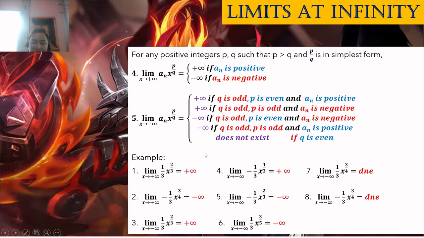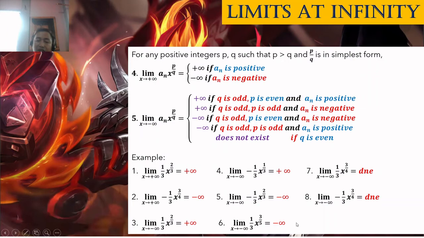Next, number 5. For case 3, p is even, which is 2, and a n is negative. This one, x to the 2/3, is always positive, but we multiply it with negative 1/3, that is why the values are always negative. So the answer is negative infinity. For number 6, this is case 4. P is odd, 3/5, they are all odd, and a n is positive, a n is 1/3.